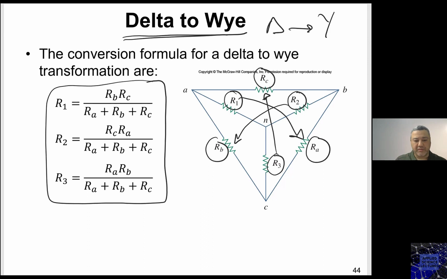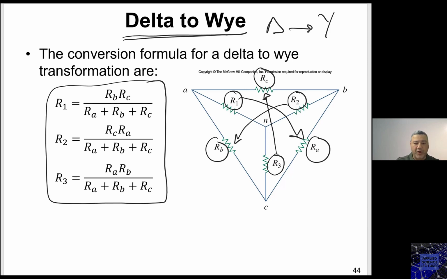However, in general, it doesn't matter, as long as you understand that in the numerator, it is the product of the adjacents. If you understand that, then you don't have to follow this order. Is this clear? So this is the delta to Y.